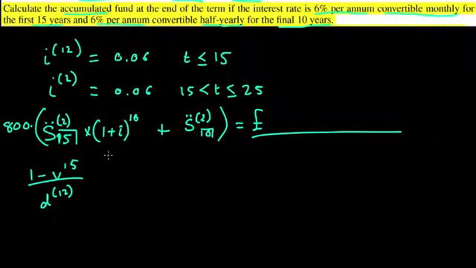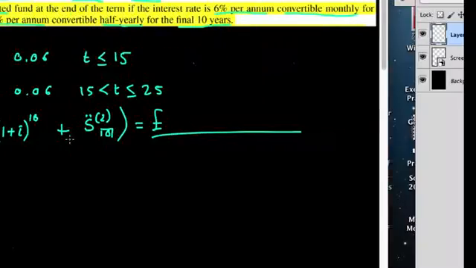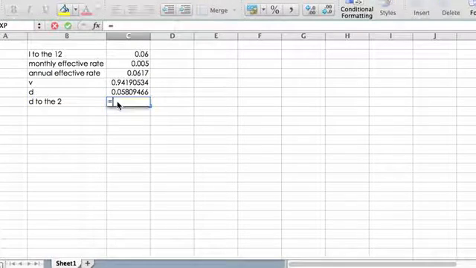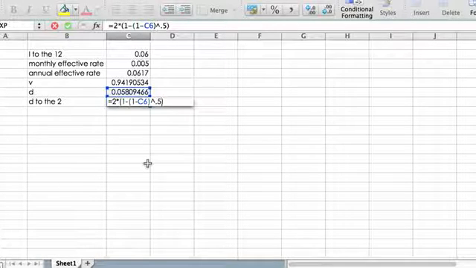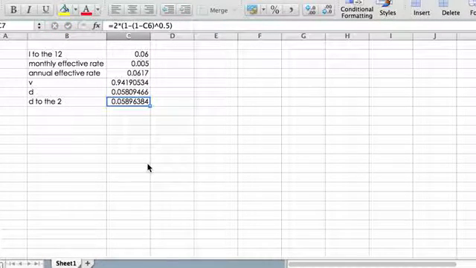The reason is that the series here is to the 2, so we can forget that we had a 12 in the first place. To find d^(2), we say 2 times 1 minus (1 minus d), regular d, to the power of 1 over 2, or 0.5. Same thing, gives us that amount.